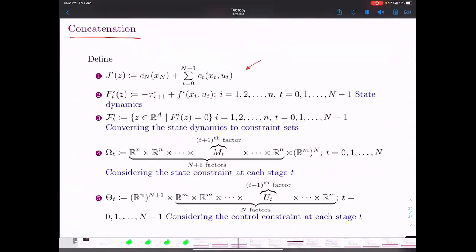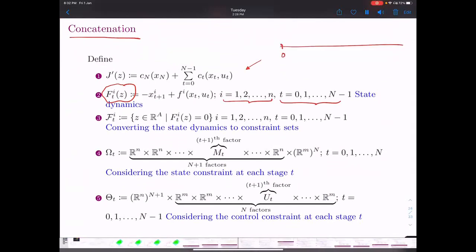Fine. Now we define something for this at each stage t, right? And remember, 1 through small n is the number of states. These are the stages, so let's have that very clear. So you have stages 0, 1, n minus 1, n.